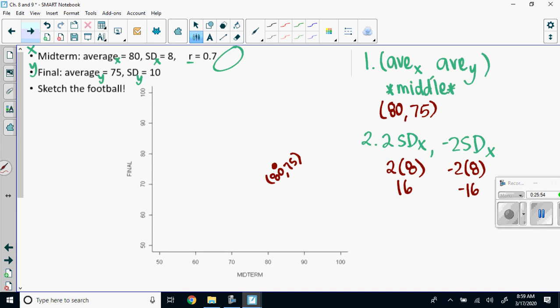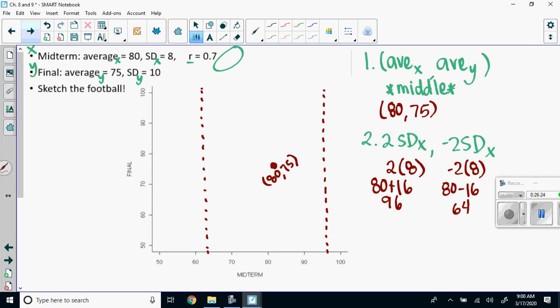So this middle is at 80. Okay, so 16 to the right of 80 is 96. 16 to the left of 80 is 64. So I'm going to go to 96 and 64. And I know those 2 lines will represent pretty close to the edge of the football.